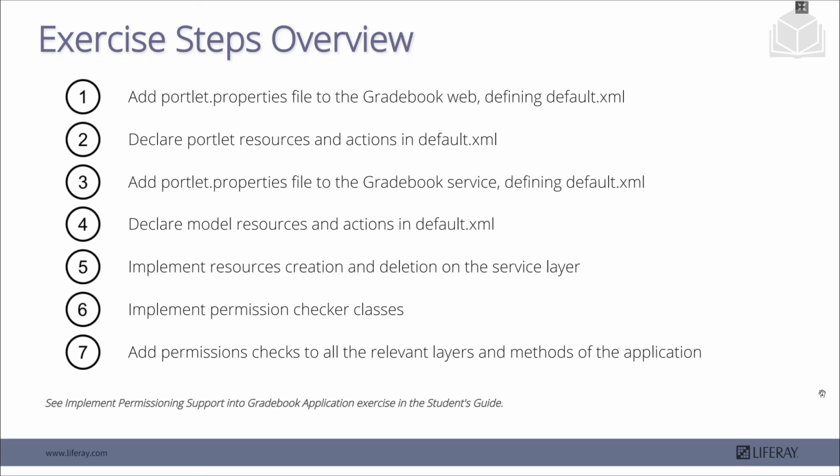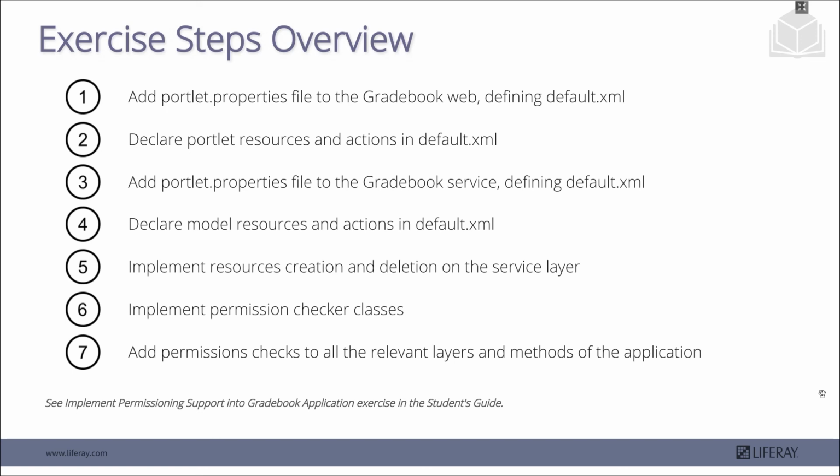We'll then create the default.xml and define what is our portlet resource, what actions can we perform on it. From there, we're going to be doing the same thing with our gradebook service, but this time defining what is our model entity and what are the actions that we can perform on it.